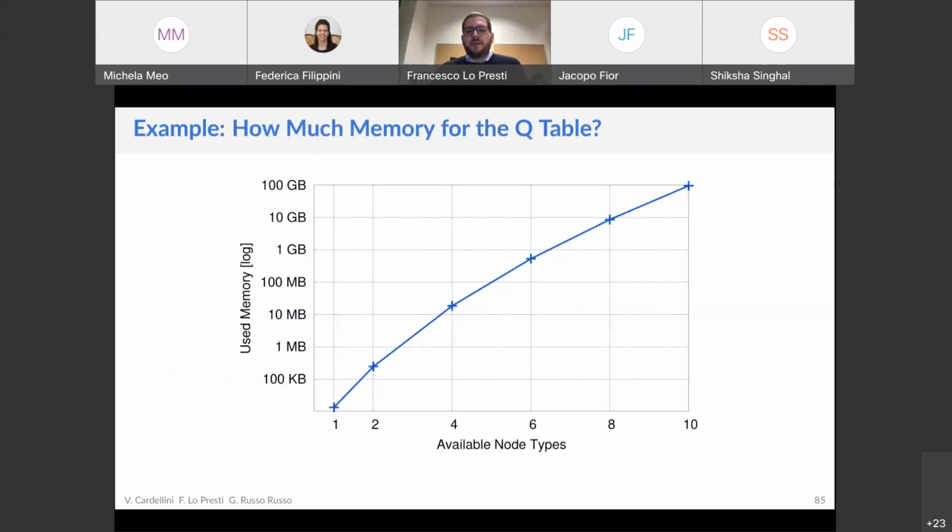Now, how much memory do we need to store the Q table, so the Q function, for this kind of MDP? You can see that as the number of different node types in the model grows, the memory required by the Q table explodes. So if we have more than 5 different types of computing nodes, we need more than 1 GB of memory just for the Q table.